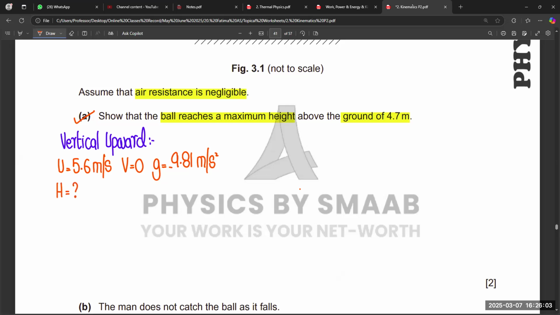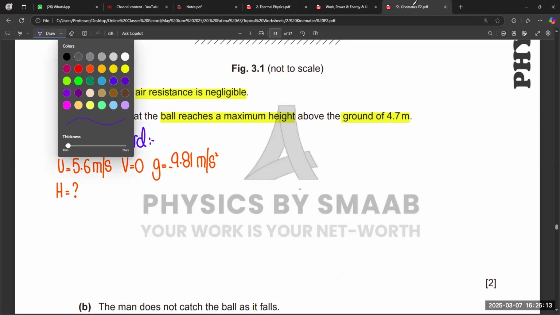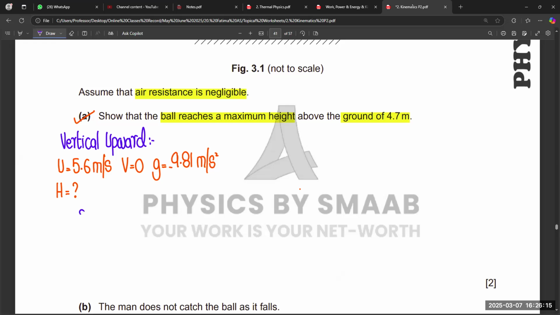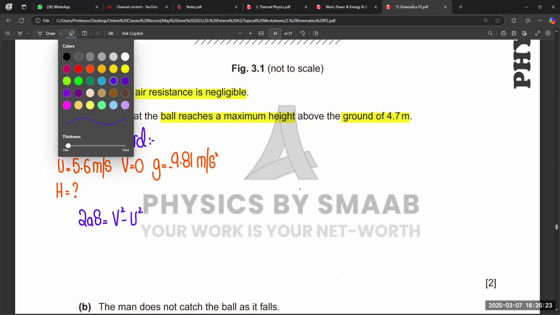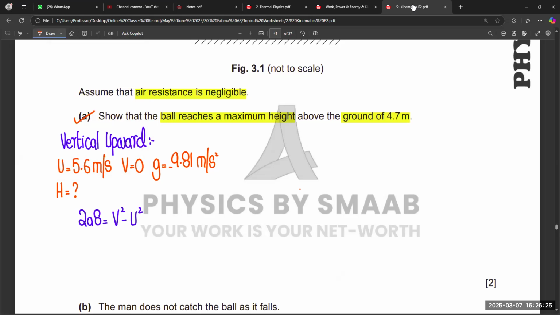So from equation of motion, we can use the equation that includes final and initial velocity, the value of acceleration and height. So that equation is v squared equals u squared plus 2as. Equations of motion are already given in your theory paper and MCQs paper, so you can also copy paste the equation from there if you don't remember them.